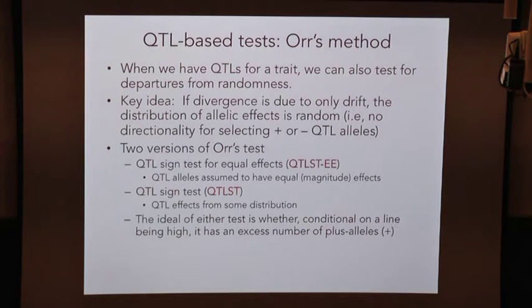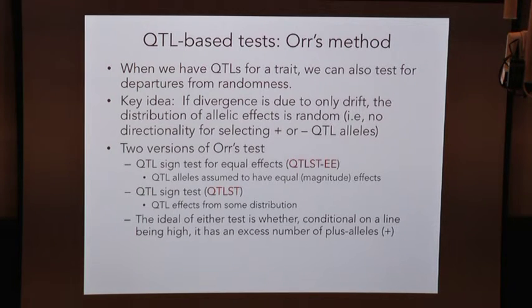The Turelli version is that I can get divergence by having a small population, or by having a large mutational variance. So Turelli's is to look at the mutational variance. If that mutational variance is too small, I'm not generating enough variance to account for the divergence. So both those are tests based on longer timescales, and they're based upon phenotypes.